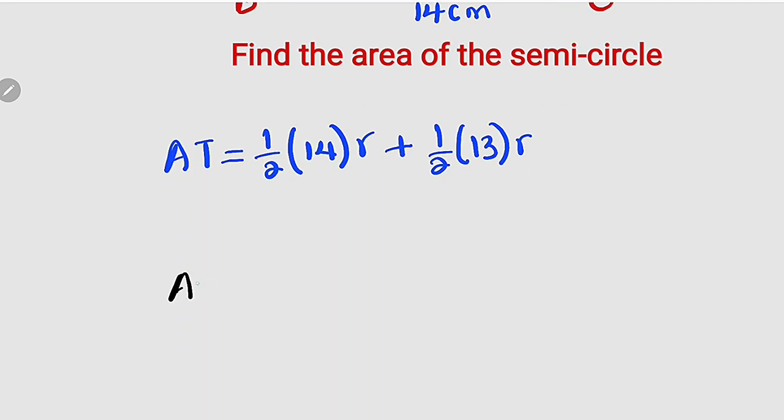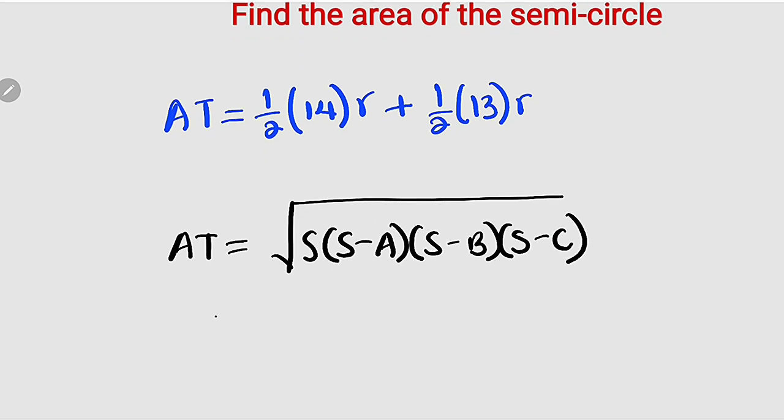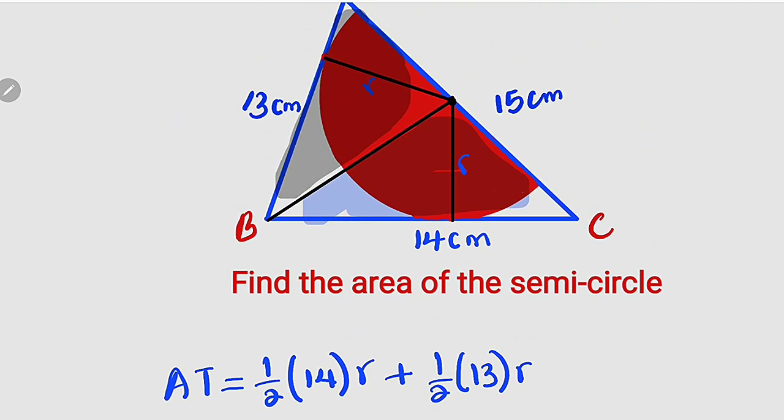The area of this triangle, according to Heron's formula, is equal to the square root of s multiplied by s minus a multiplied by s minus b multiplied by s minus c, for which s here is the semi-perimeter. Let me write it here. S equals the semi-perimeter, that is the perimeter of the triangle divided by 2, where a, b, and c are the side lengths given.